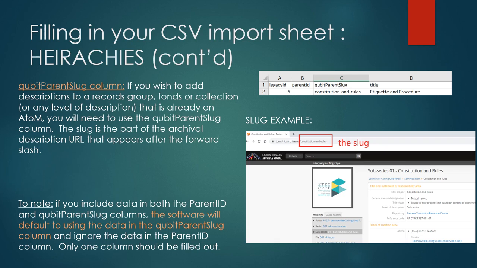So in my little example, if I wanted to add children to my Constitution and Rules subseries, then I would use the slug that I've identified. I'd put that in the qubit parent slug column without the slash, and then it would be able to add children into what I already have in the database. So that's pretty cool.